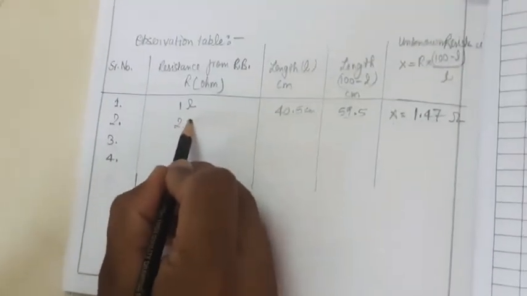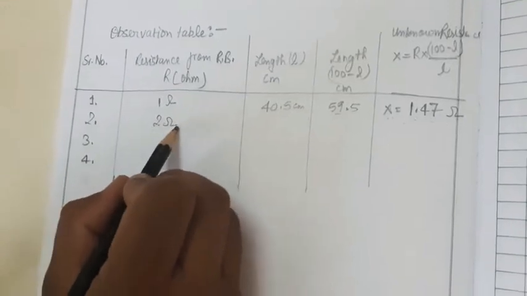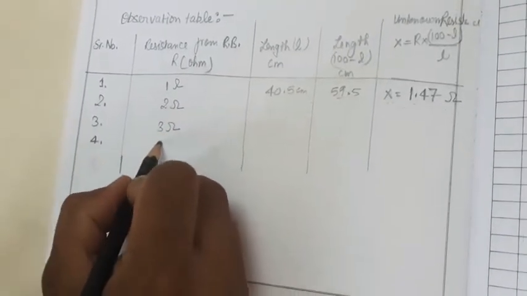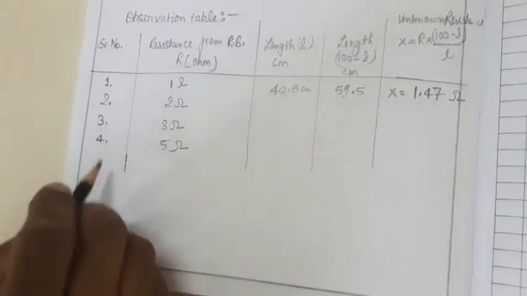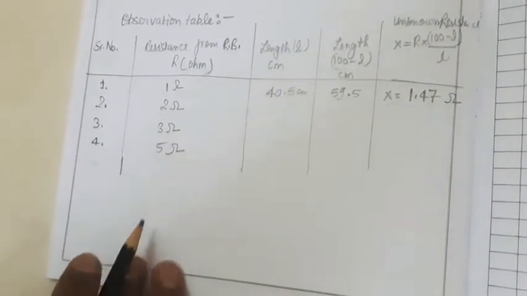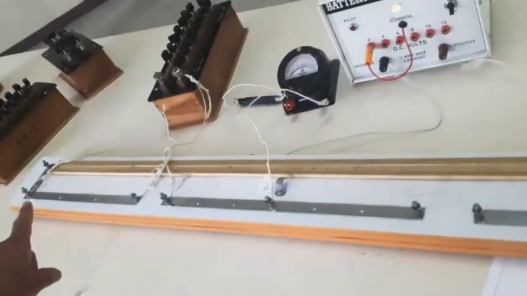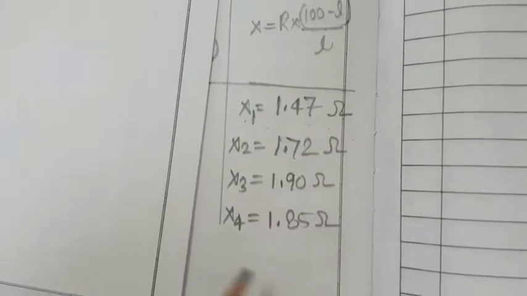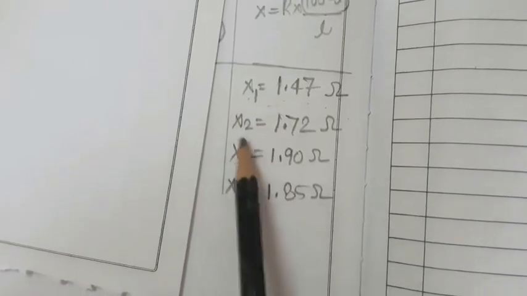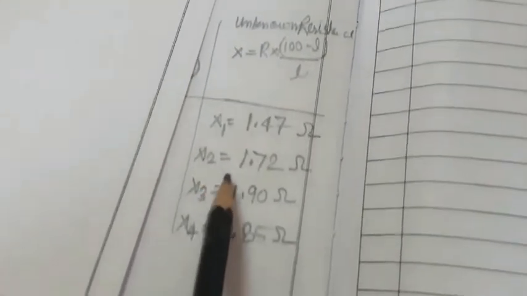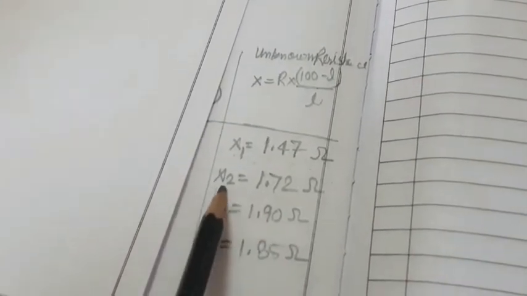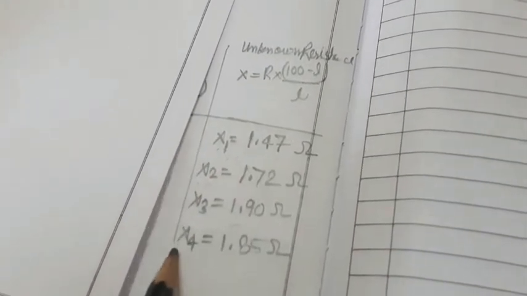We can obtain readings at 2 ohm resistance, or 3 ohm and 5 ohm, so we can obtain 4 readings from the meter bridge. Similarly, we can obtain multiple readings at different resistances pulled out from the resistance box, that I have obtained as X1, X2, X3 and X4.